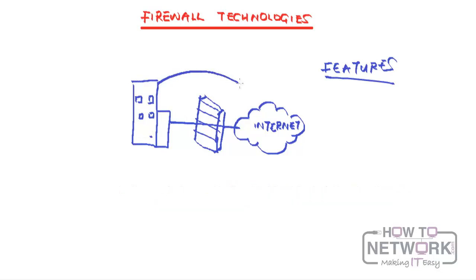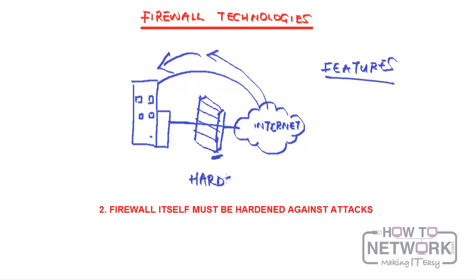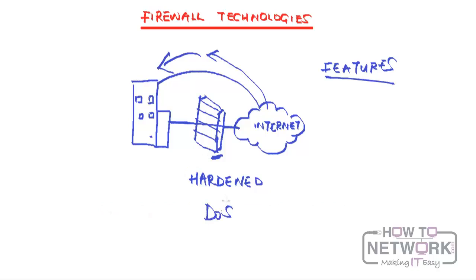For example, if you have another link going to the internet, then this is not a good firewall deployment, because an attacker can effectively use the path of least resistance to get to your network, and then your firewall will not be the only thing on the path to your network. So that's one. The second one is that the firewall itself must be hardened to security attacks. That means, for example, a denial of service should not be able to bring down this firewall.